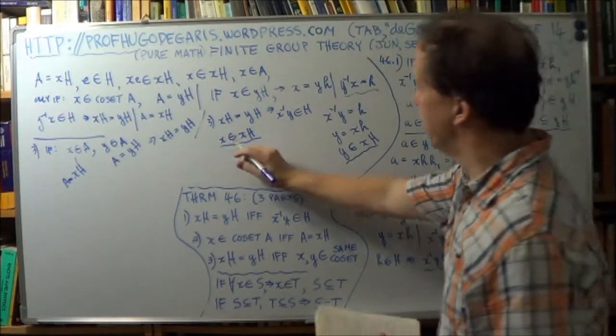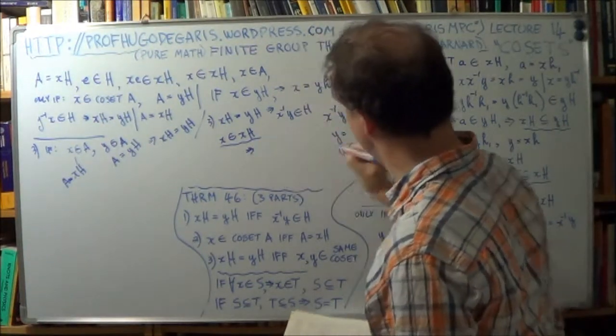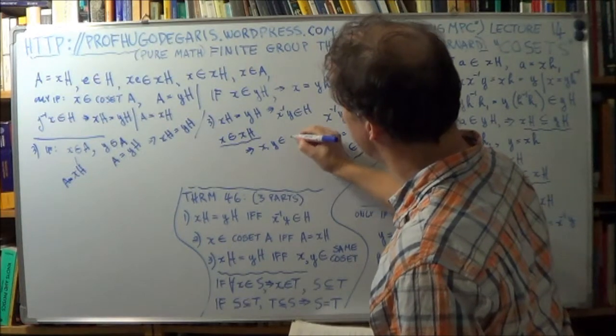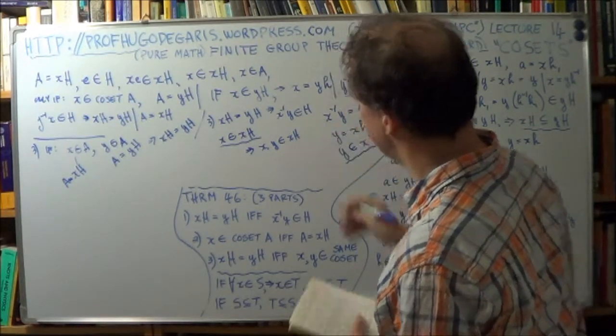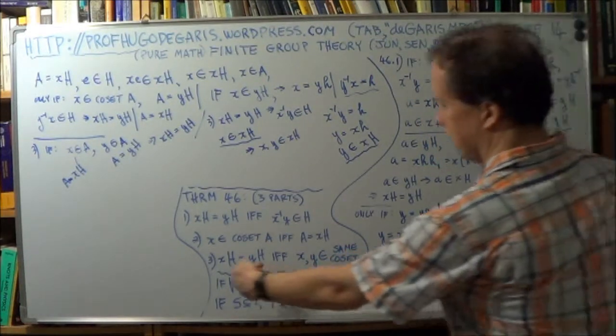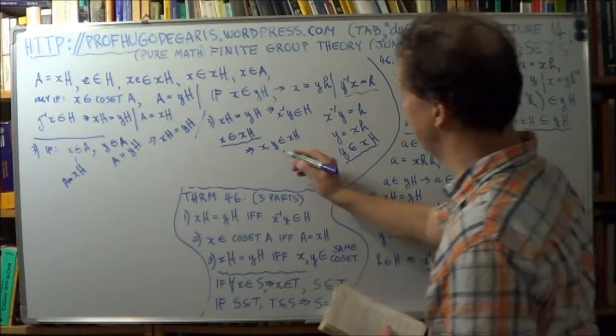Now put those two together, that implies using this and this, so x and y belong to xh. In other words, x and y belong to the same coset. So we're going from left to right. That's the only if form. Okay.